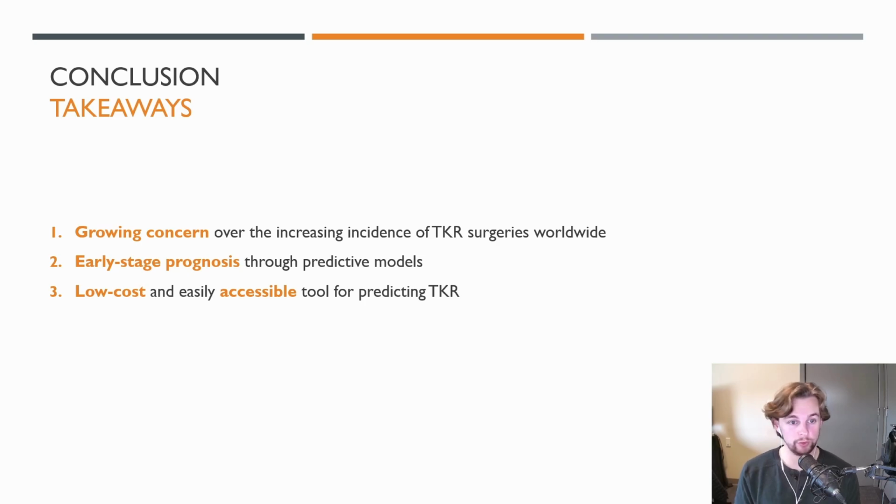And we can do this, like they mentioned, through low cost and more accessible tools like ultrasound. It's almost just as good as those radiological methods like X-ray and MRI, and especially when combined with the features from radiological methods and the patient characteristics, it can predict nearly as well. It can often predict the likelihood of total knee replacement even better when combined.